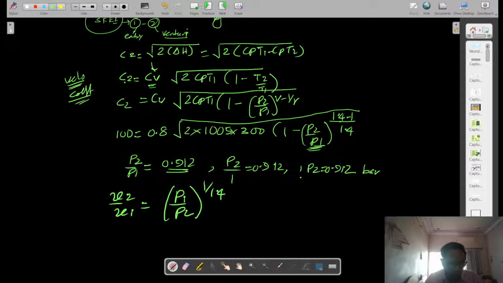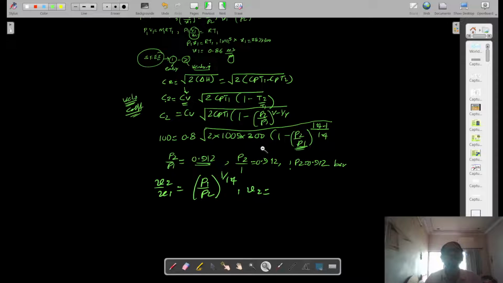So V2 by V1 is given. I have to find the value of V2, and I have V1 as 0.86. I will write 0.86 now.